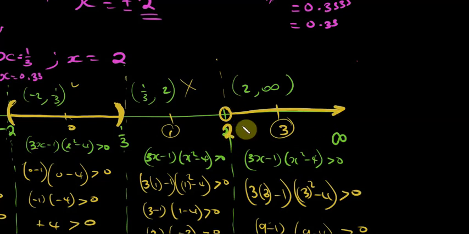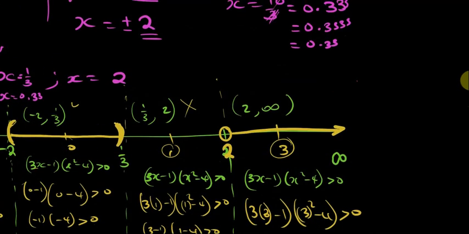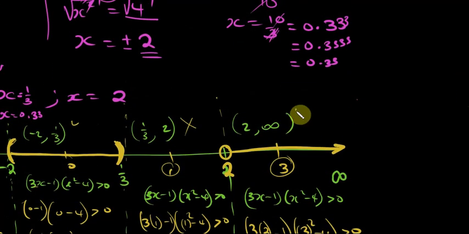So all the values from 2 going all the way to infinity, that is 2.1, 2.2, 2.3, 3, 4, 5, 6, 7, all the way to positive infinity, will meet the condition and will always give you an answer greater than 0. Therefore, the condition is satisfied in this region.